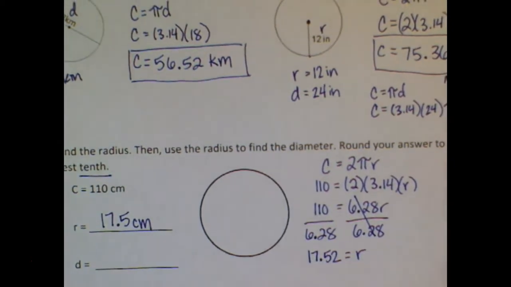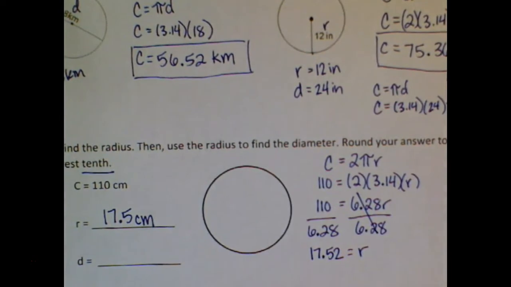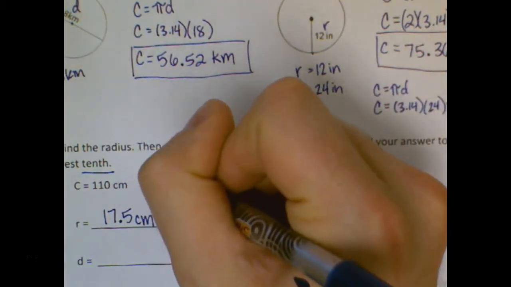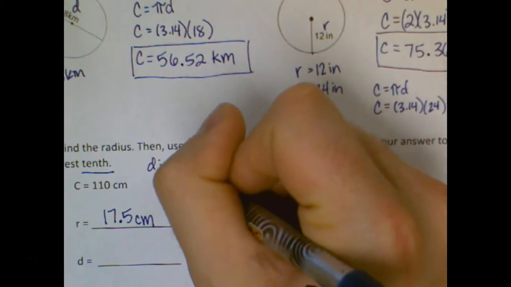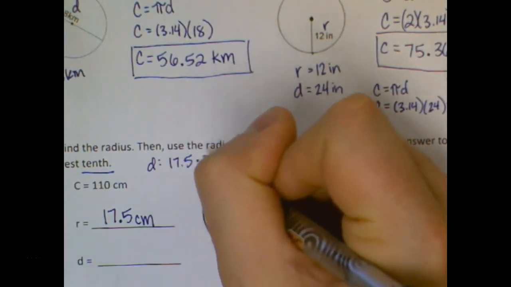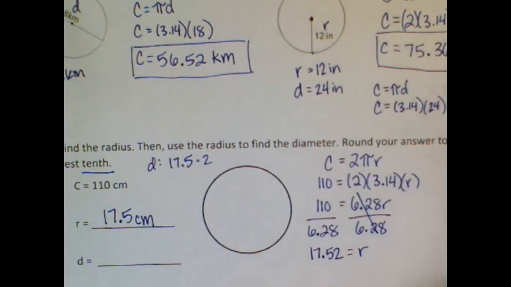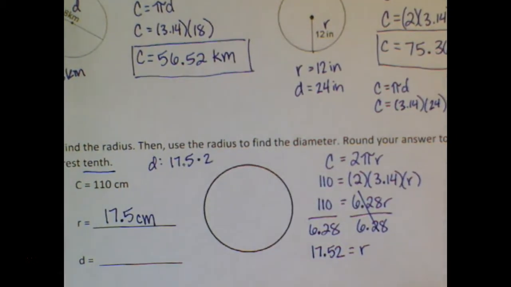Okay, and what that means for us is we then need to use that information to figure out what the diameter is going to be. So remember, the diameter is just simply double the radius. To figure out diameter, I'm going to do that up here. The diameter is 17.5 times 2. Go ahead and multiply that and write that answer into this blank. Give you a second to do that.